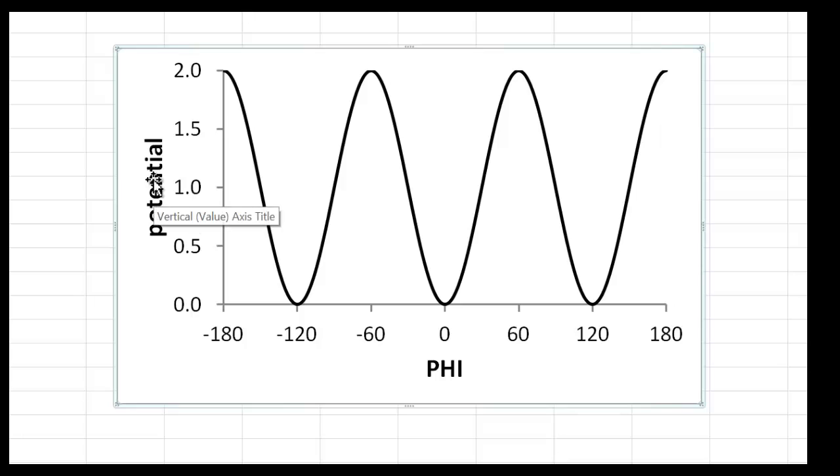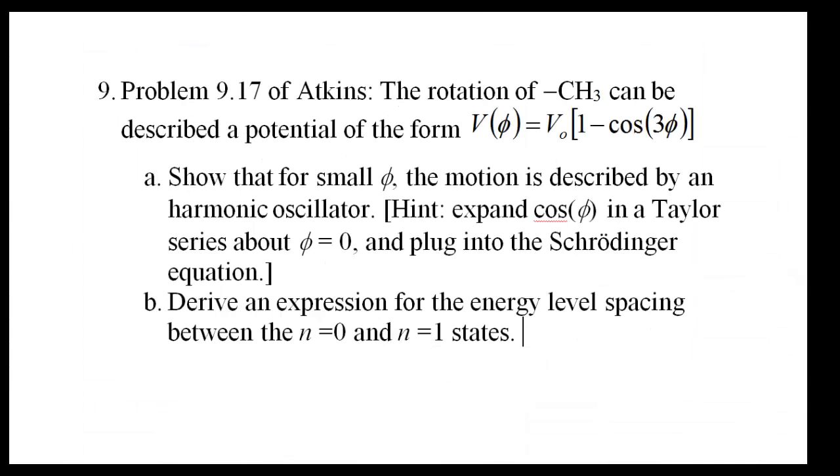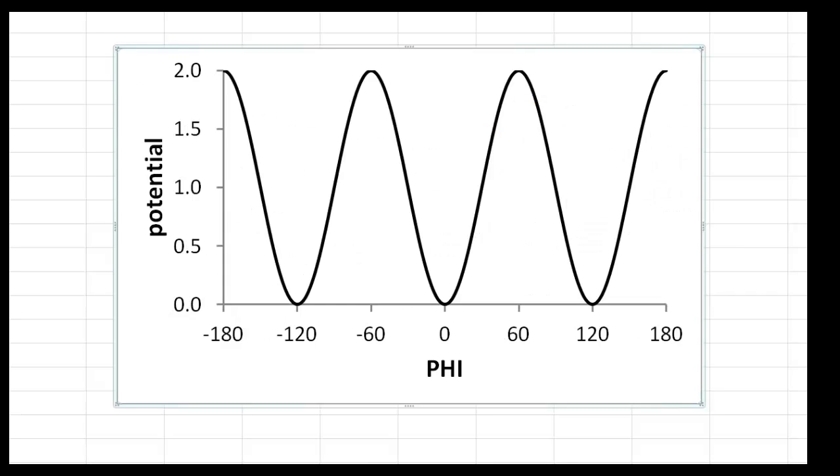I plotted potential versus phi, that's that angle, and cosine of 0 degrees is 1, but this is 1 minus, and so when phi is equal to 0, this term is 0. So this looks like the potential function, goes up and down like this, and as stated in the problem, this is the potential function you get for rotation about a CH3 bond.